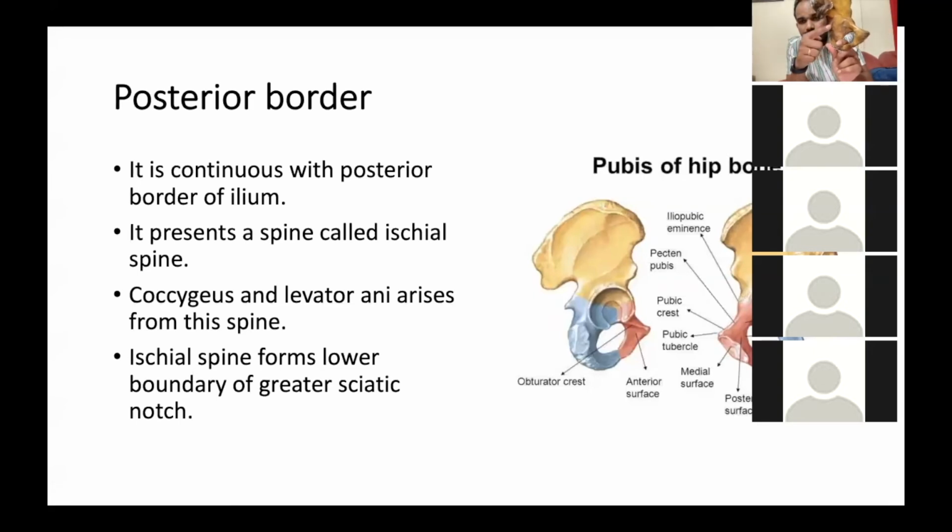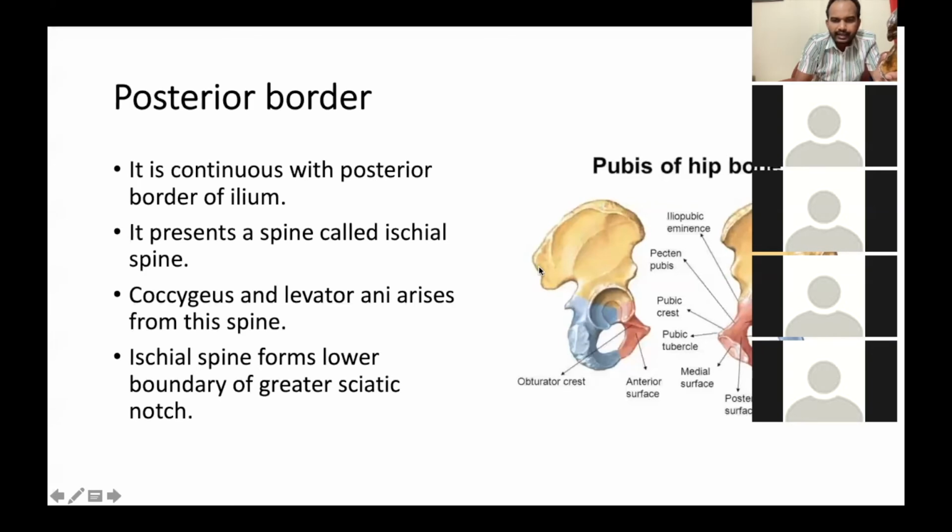Yes, sir. So this posterior border of the ischium is continuous with the posterior border of the ilium. It continues like this. You see here? Follow my cursor.